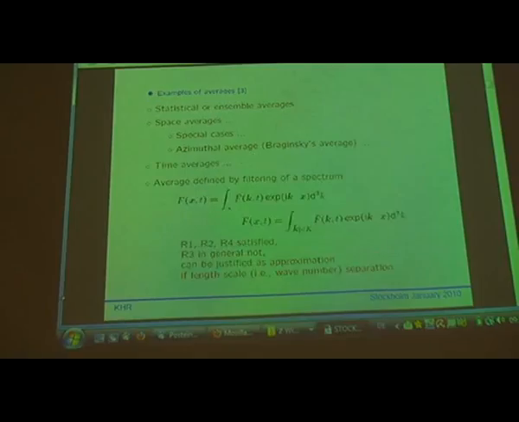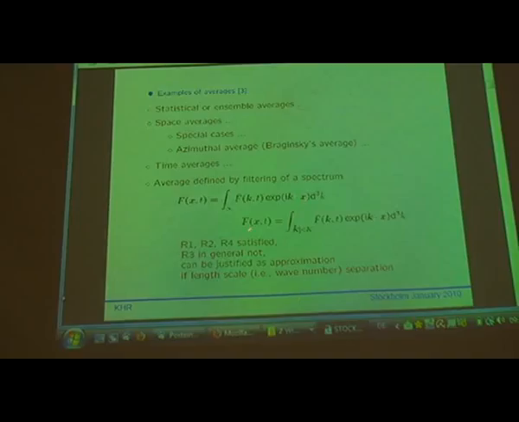Okay, I already mentioned time averages. These are not all examples. You can, for example, define an average by filtering a spectrum. Represent your quantity f as a Fourier integral with a Fourier transform f hat and exponential of i k x.